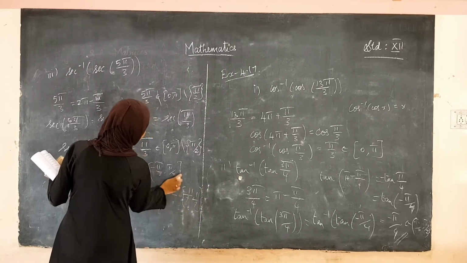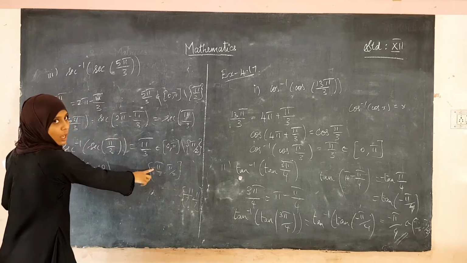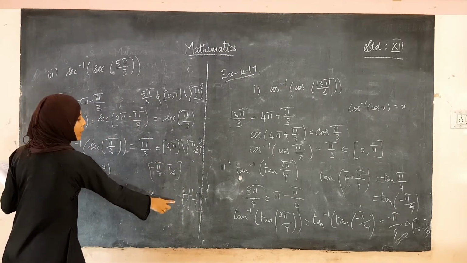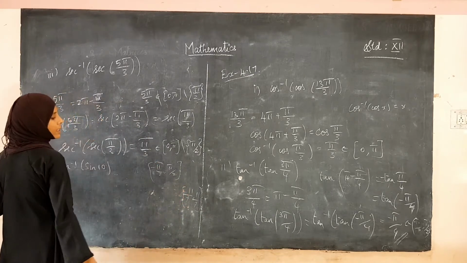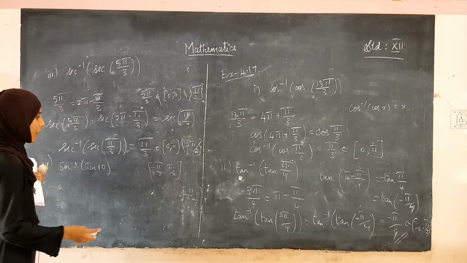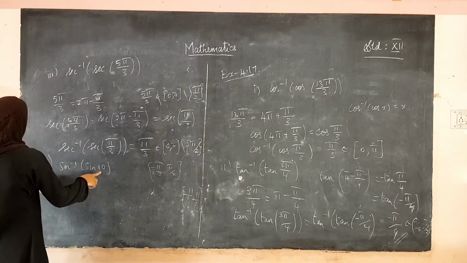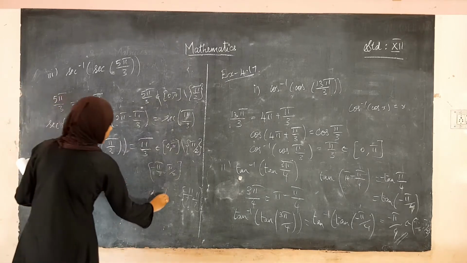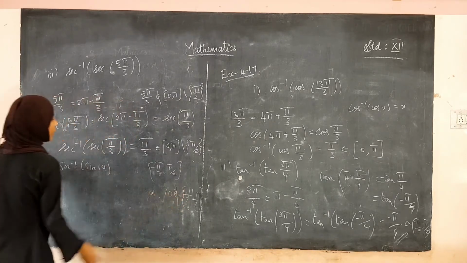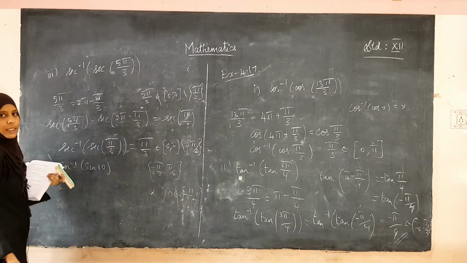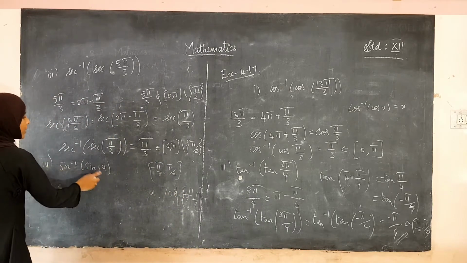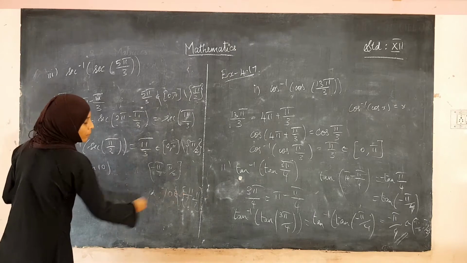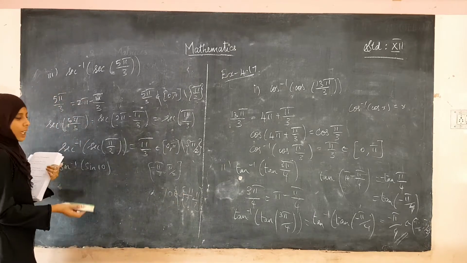When we take it as values, minus pi by 2 comma pi by 2 can be taken as minus 11 by 7 comma 11 by 7. See this 10, this 10 does not belong to this range, because we have the property sine inverse of sine of x is equal to x. If we take the value as 10, this 10 does not belong to minus 11 by 7 comma 11 by 7.